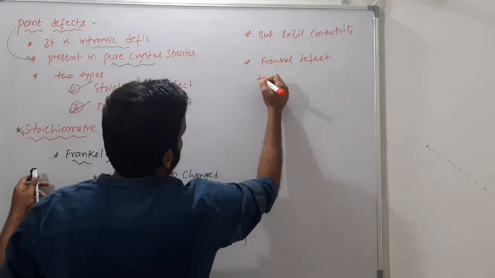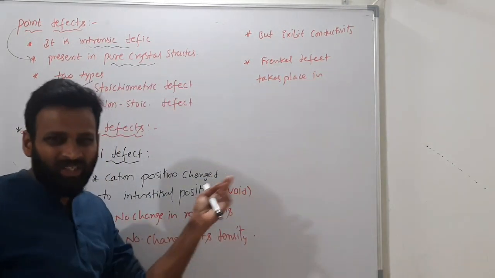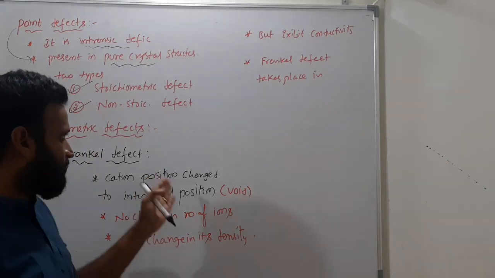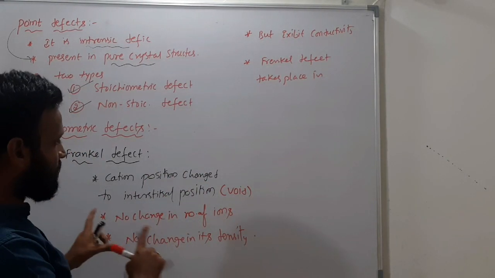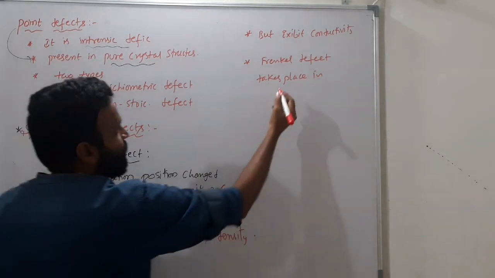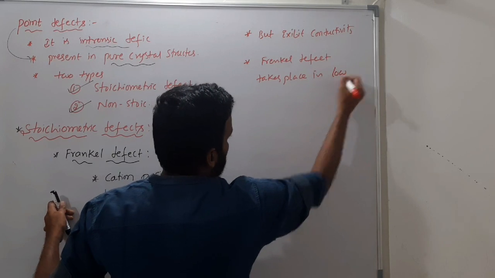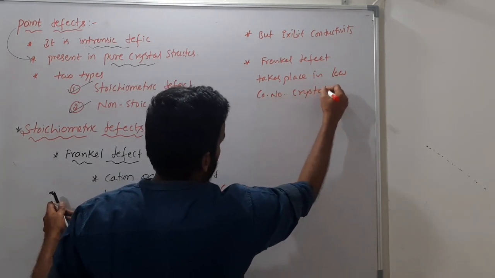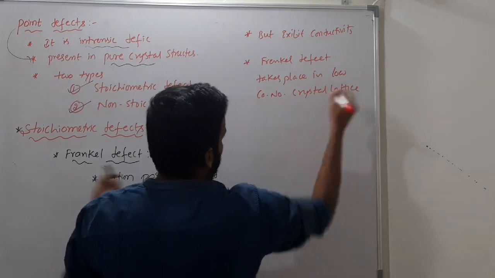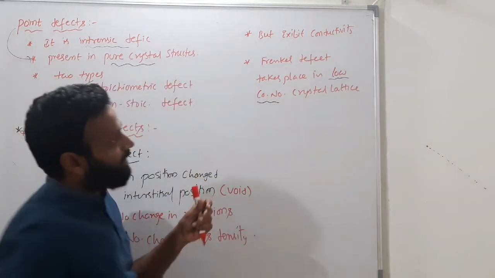This Frenkel defect takes place in... these are the small things I am writing. It is a theory concept, so you have to write like this. Just write down every point. Frenkel defect takes place in low coordination number crystal lattices. Where does this Frenkel defect occur?